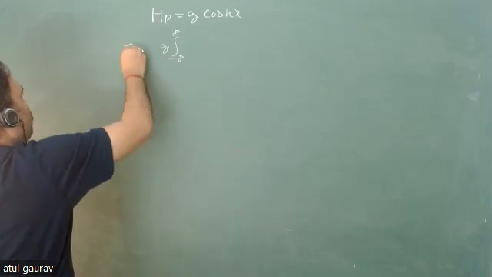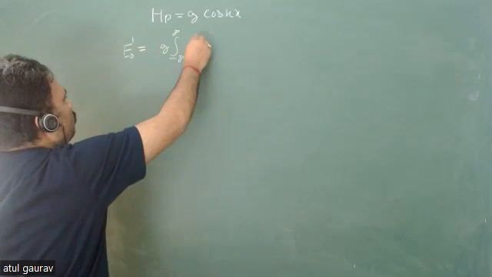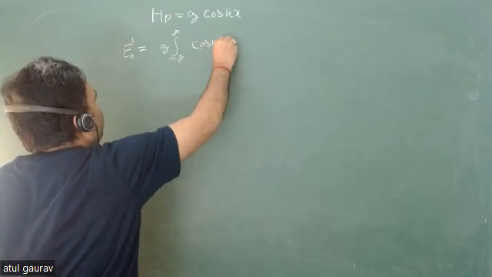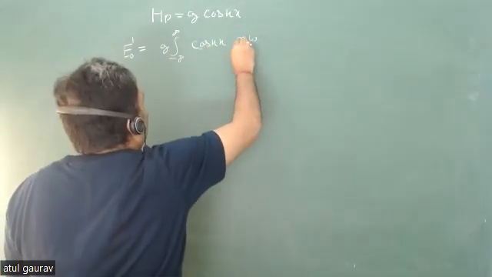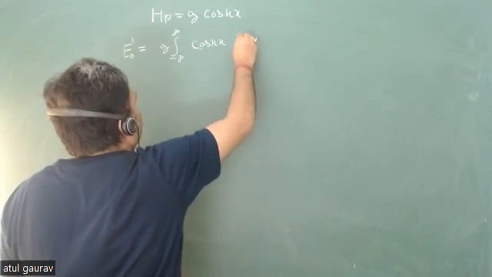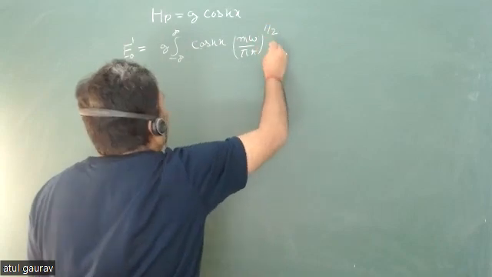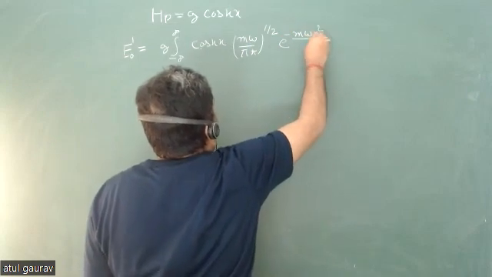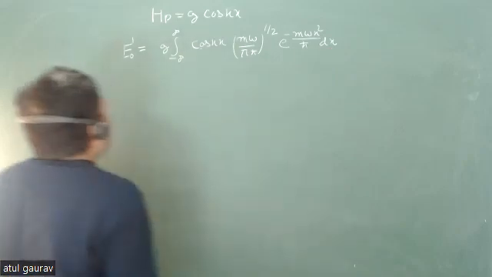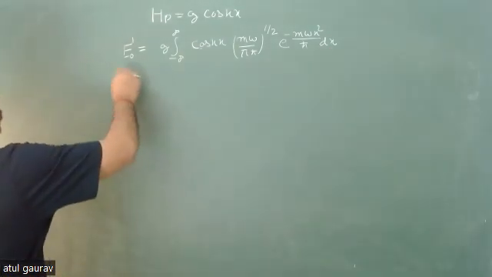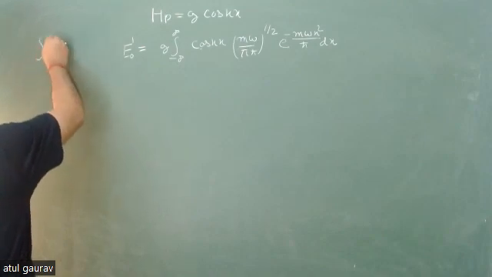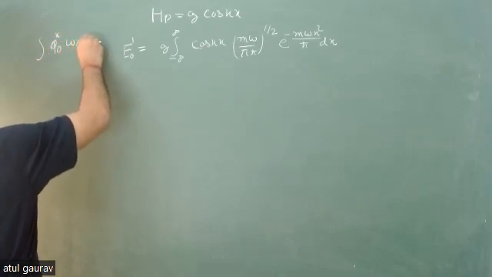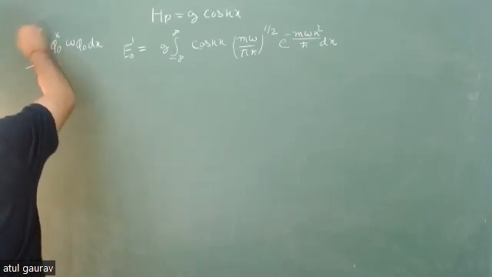We have to calculate E01, and that value is equal to cos kx (m omega upon pi h cut) to the power 1/2 e^(minus m omega x square upon h cut) dx। बेसिकली हम कर क्या रहे हैं? हम बेसिकली इसको लिख रहे हैं pi 0 star, W, pi 0 dx, minus infinity to plus infinity.